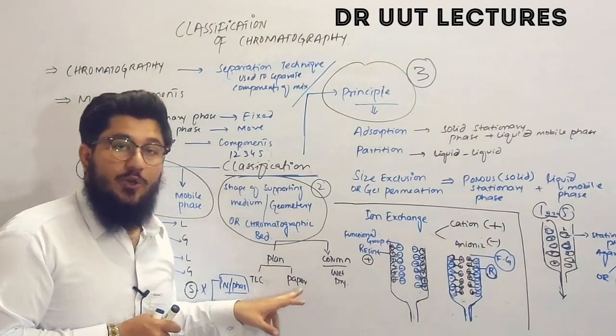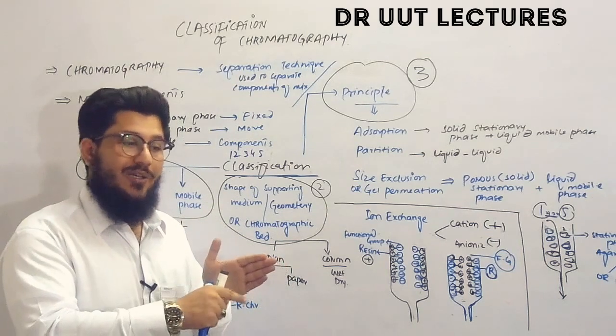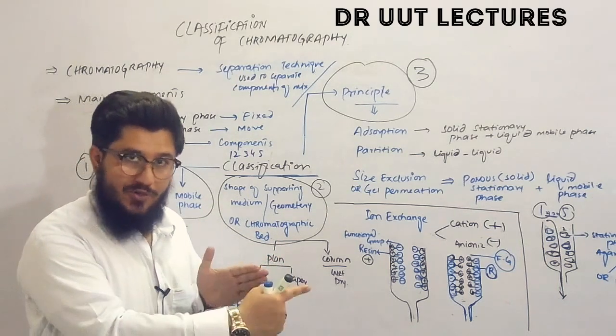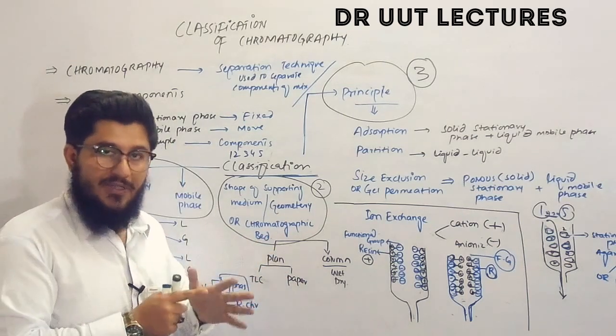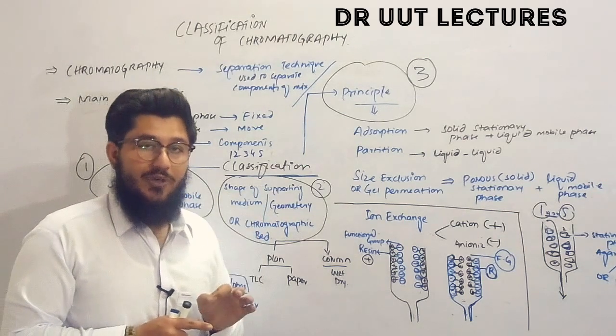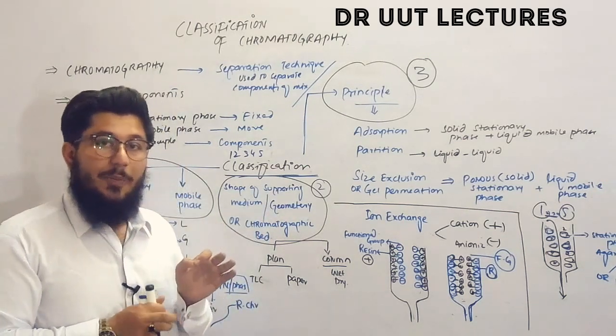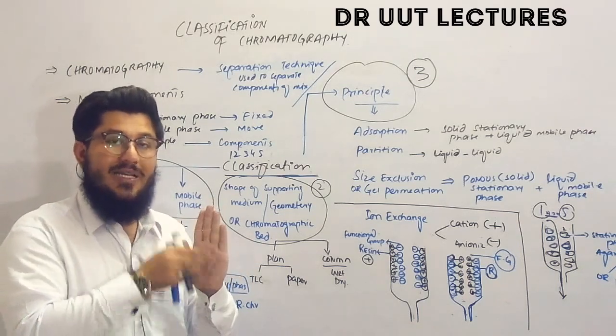And we have further types in planar chromatography. Number one, if we are using paper as a plane surface for chromatography, then that type is named paper chromatography. You can call it paper planar chromatography also, because paper is also a plane surface. And we have another one, that is TLC, thin layer chromatography. What we are doing in this is applying a thin layer of the stationary phase on a glass or plastic plate.